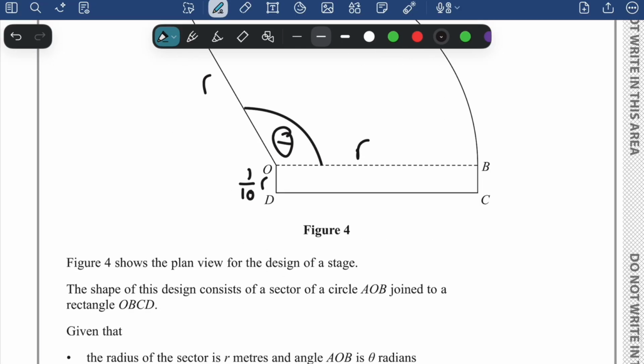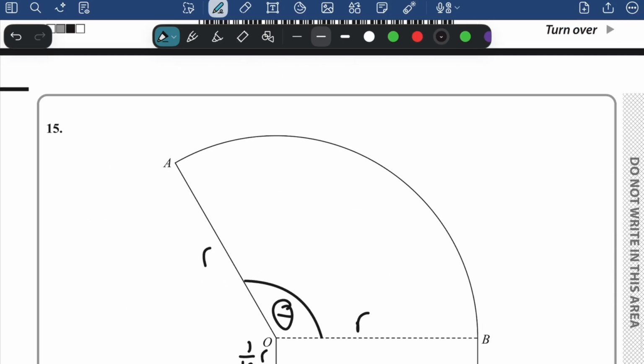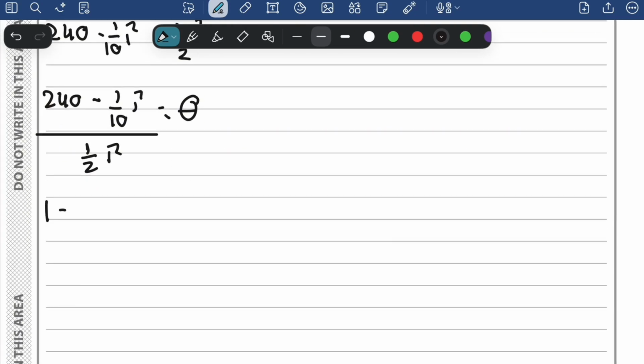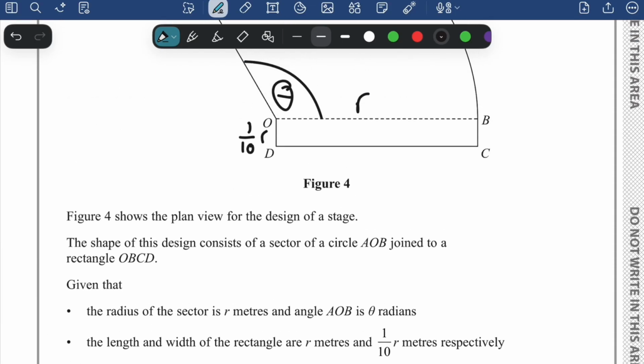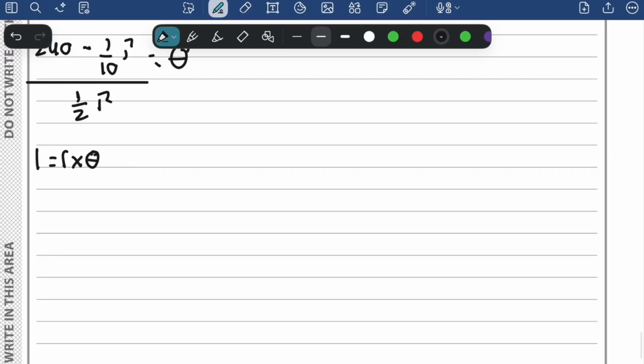The next thing we want to do is determine the perimeter of the sector, otherwise we're not going to be able to get an equation of the perimeter. First we need to find the arc length, because that's the only length we don't actually know. The arc length for a sector is given by length equals radius times angle. We know the radius is r and the angle is theta, so the arc length is just going to equal r theta.